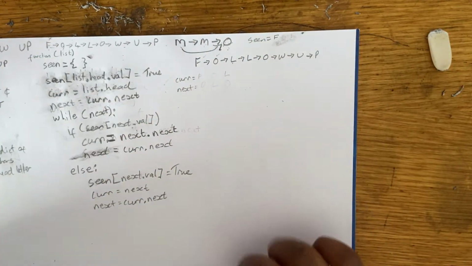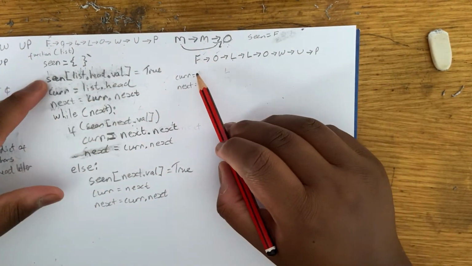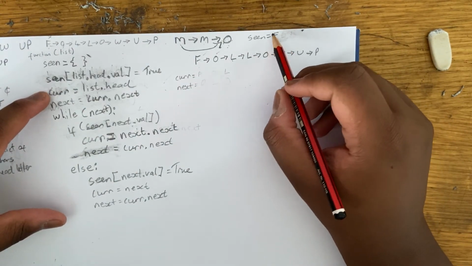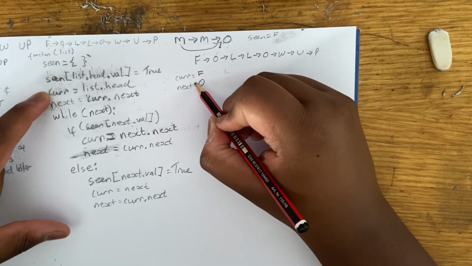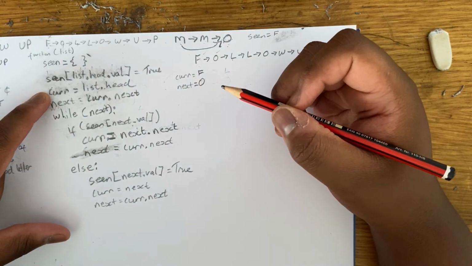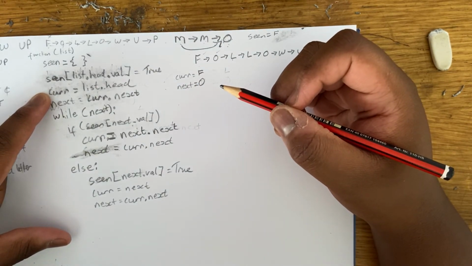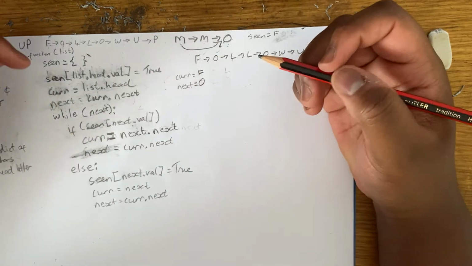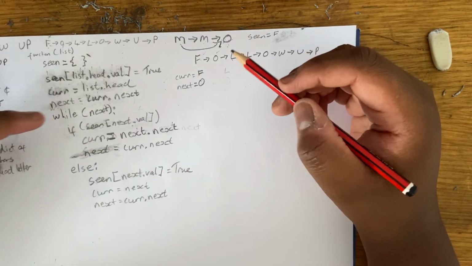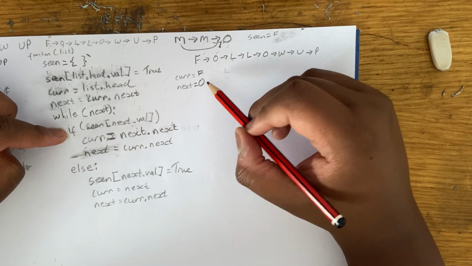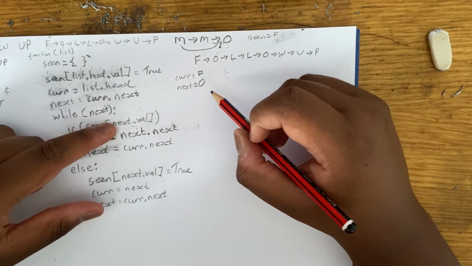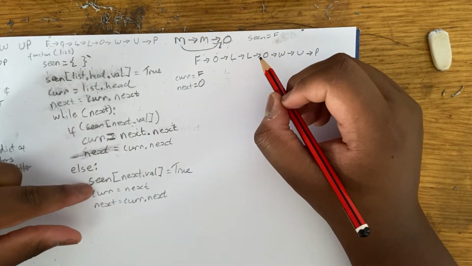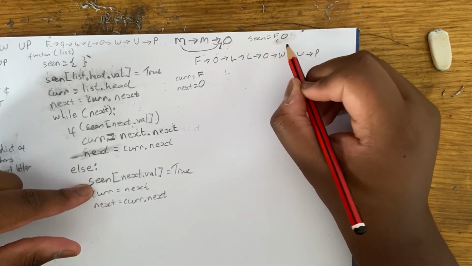Okay, so we put F here, right? Then the current is equal to F, and then the next is equal to O. Then if seen, have you seen an O? There's no O there, so we add the O in here.